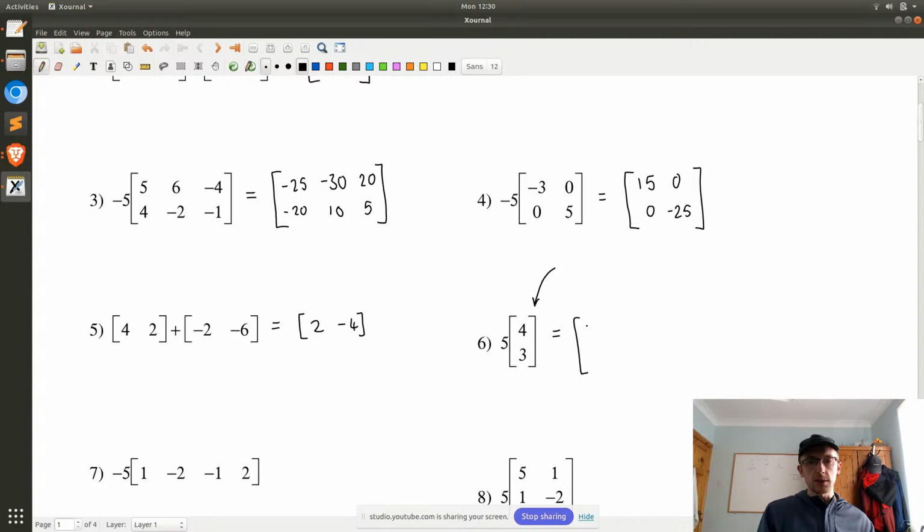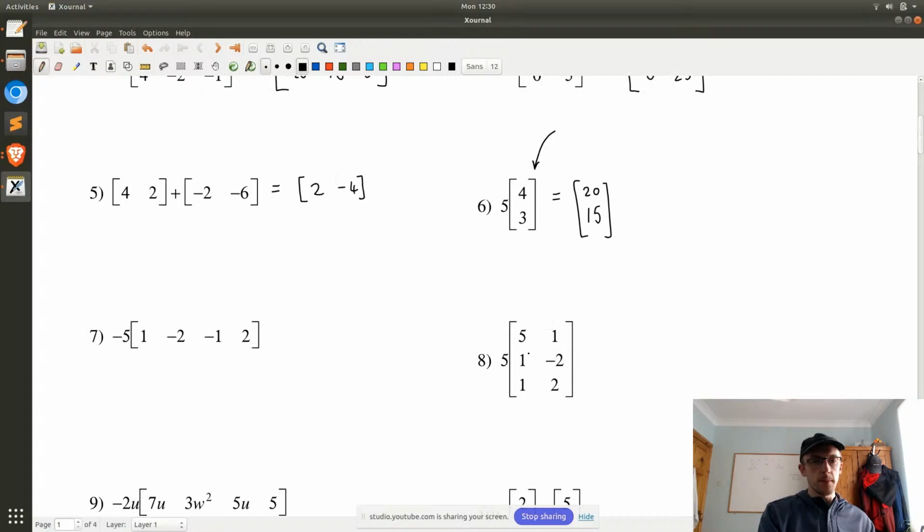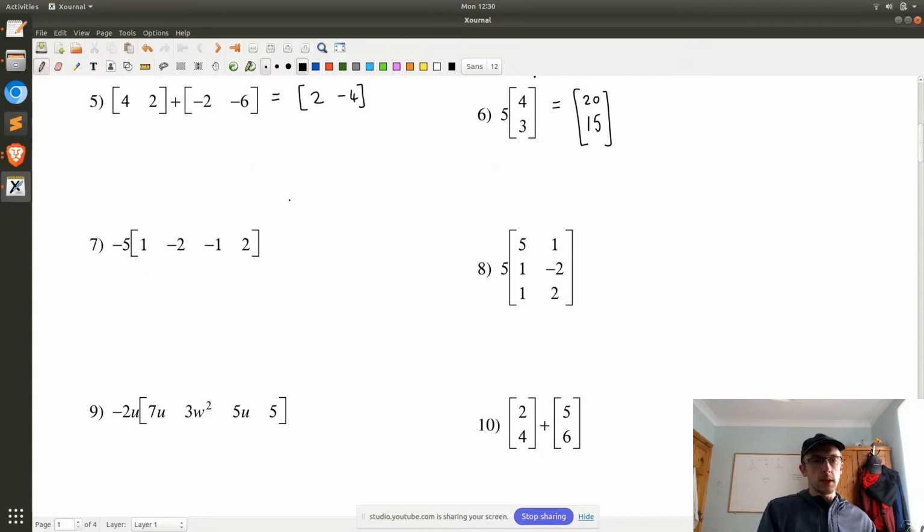Okay, that will just give me 20 here and 15 here. No problem. Scalar multiply the row matrix or row vector by -5. No problem. This will be -5, 10, 5, and -10.